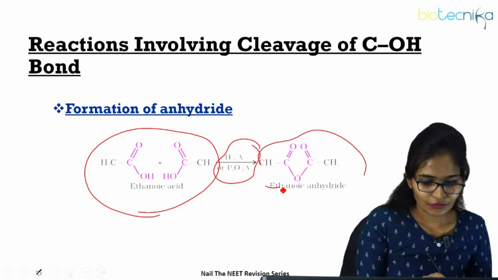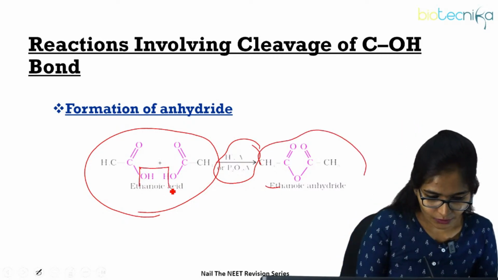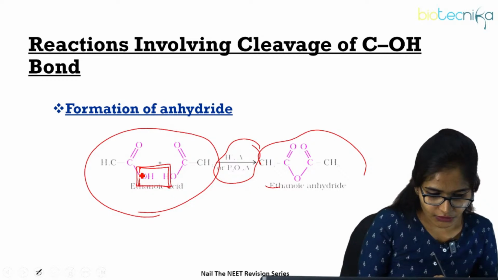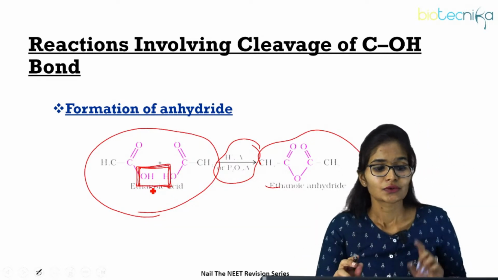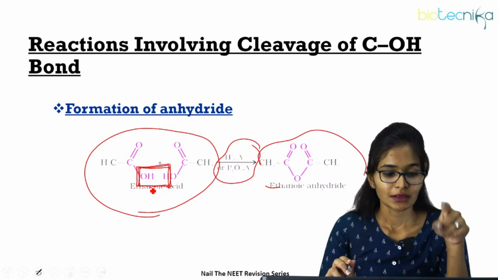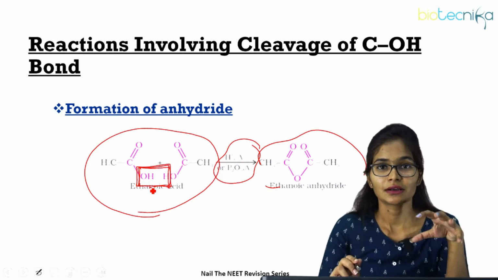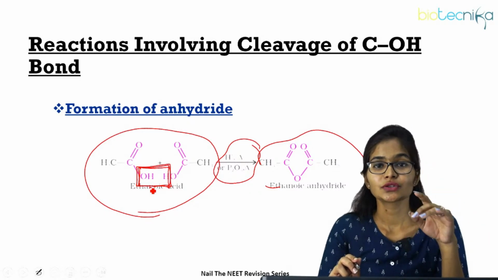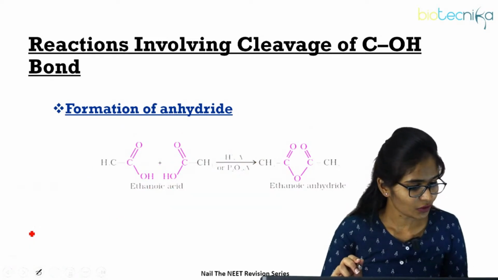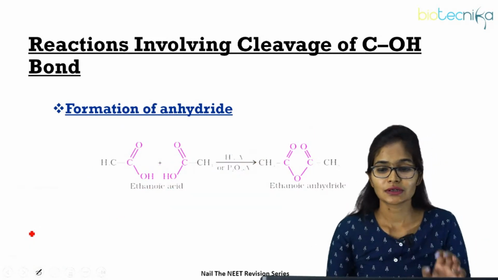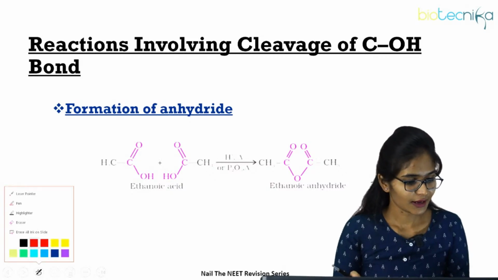So now what you have to do is just remove the water molecule here. This water molecule you can cleave and you can get the anhydride as a product. So whenever you have the carbon-oxygen cleavage by considering the carboxylic acid, you will get an anhydride as a product. Okay, so these are all the carbon-oxygen bond breaking reactions.